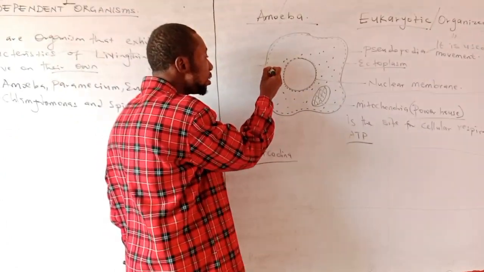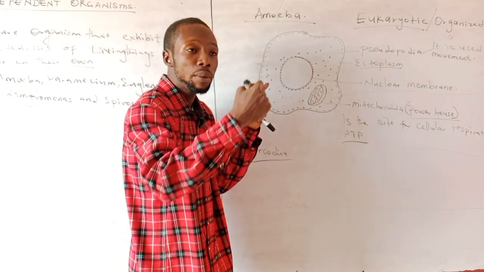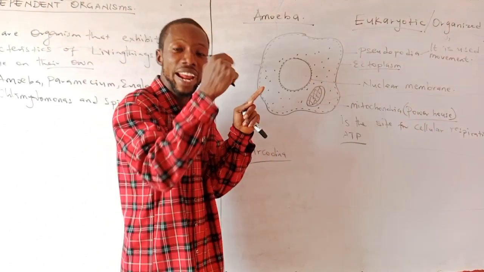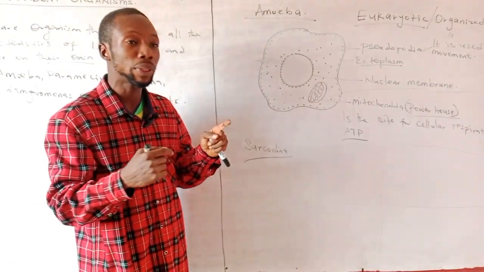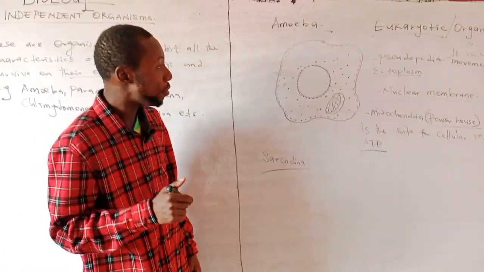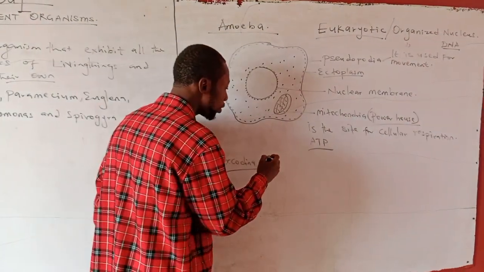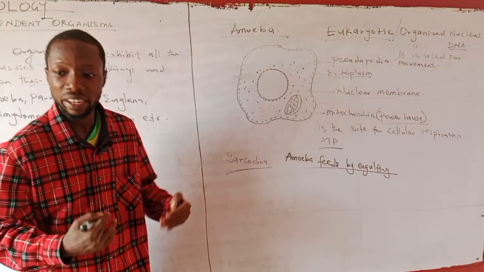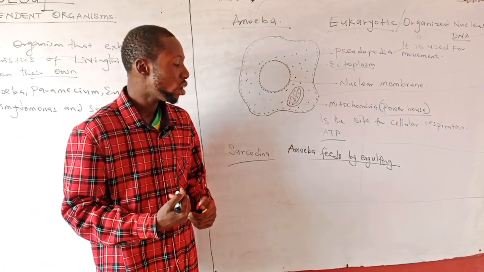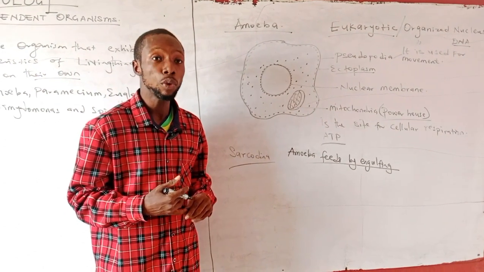This is the process of endocytosis or exocytosis, the means by which materials get into the cells and out of the cells. So Amoeba feeds by engulfing. Other cells that feed by engulfing include the monocyte.